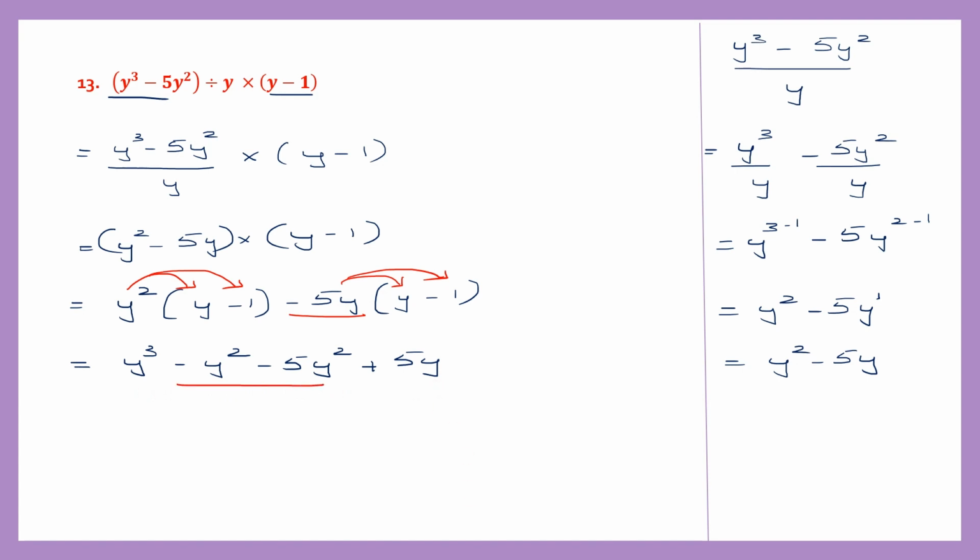So now let's write everything else as it is. So here we have y cube. Then here we have minus 1 y square minus 5y square. Minus 1 minus 5 is minus 6 y square plus 5y. So this is our final answer. What is it? y cube minus 6 y square plus 5y.